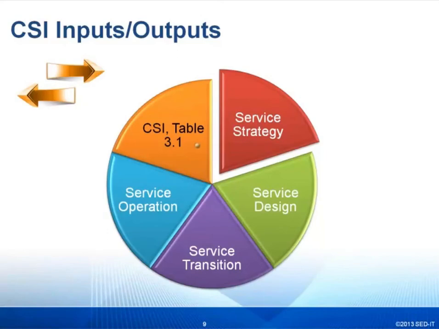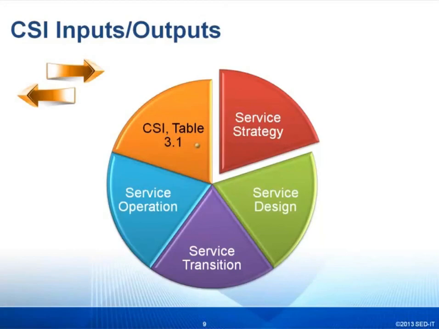There are other inputs and outputs that are not on the table, and you find them as you work within industry. So this is something to get you started, to consider thinking. And as you work within your own organization, you may find different and more valuable inputs and outputs. Perfectly well and good. That's the whole point of a framework.